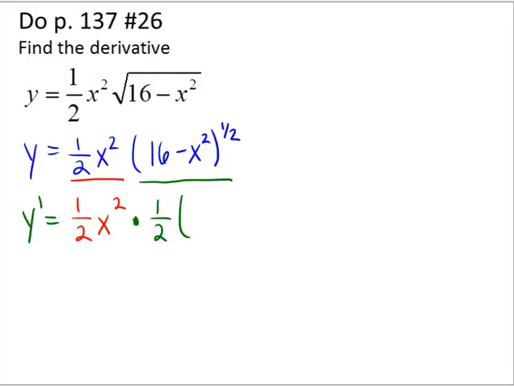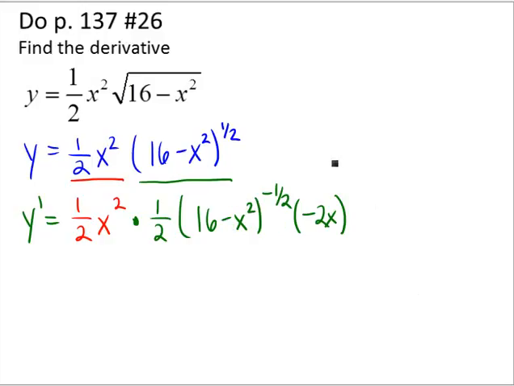I'm going to rewrite it, lower it by 1, and take the derivative of what's inside. So the derivative of the 16 minus x squared, that's a 0, and then I have a negative 2x.